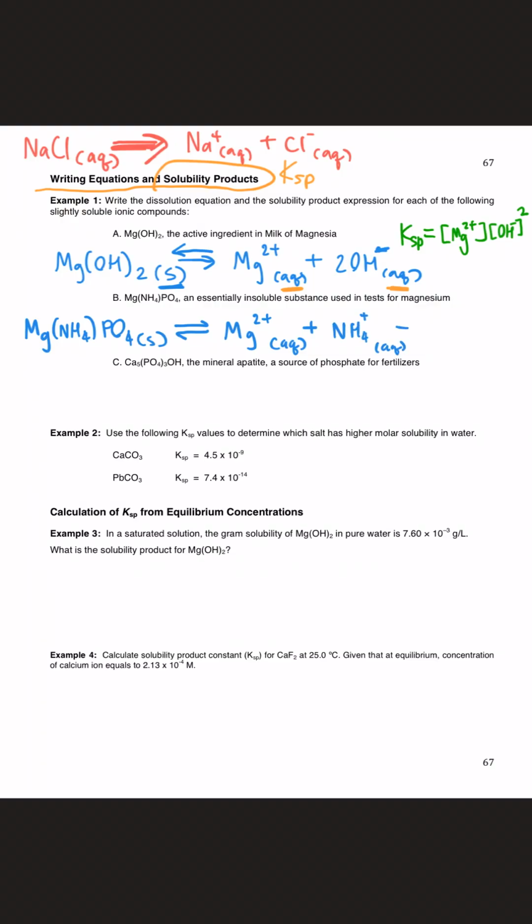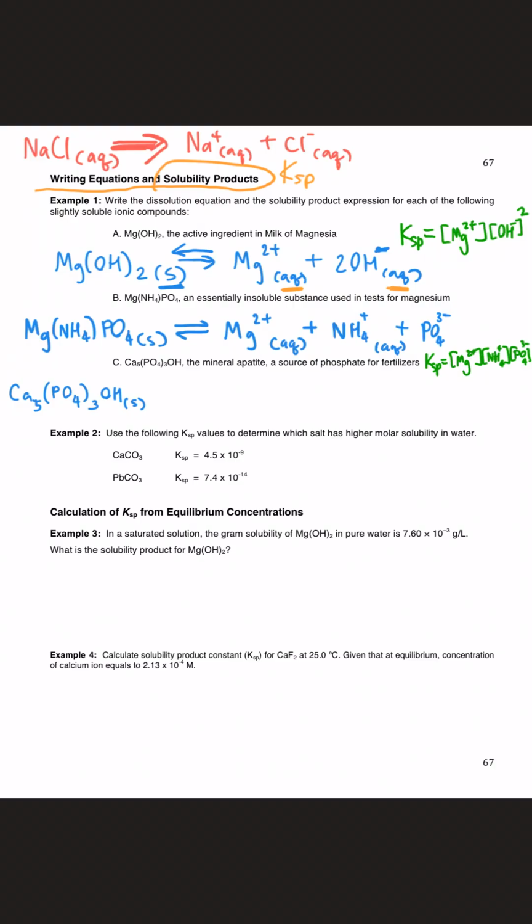And the last one is the phosphate ion. Therefore, the Ksp for this process is equal to the concentration of magnesium ion, multiplied by the concentration of ammonium ion, and multiplied by the concentration of phosphate ion.